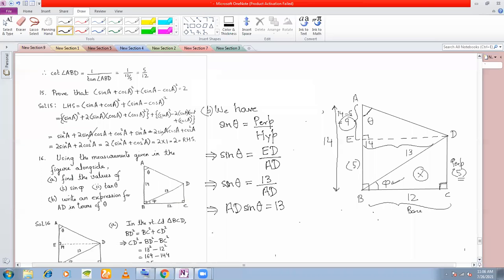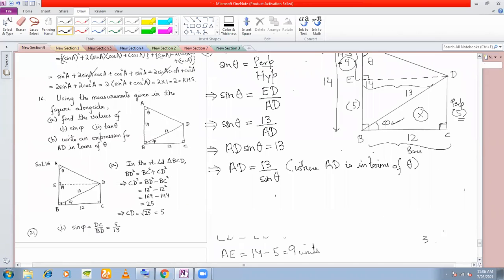You want to write AD in terms of theta? So AD is 13 divided by sine theta, right? So AD is in terms of theta, right? This is one way of writing.